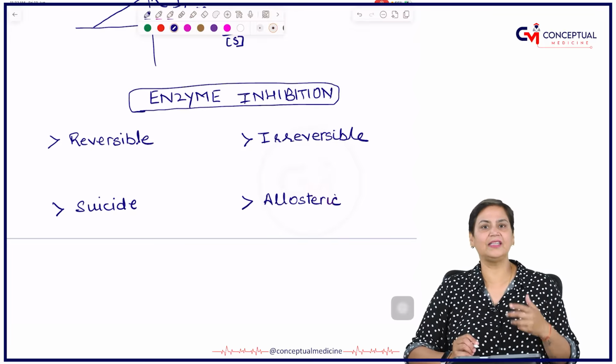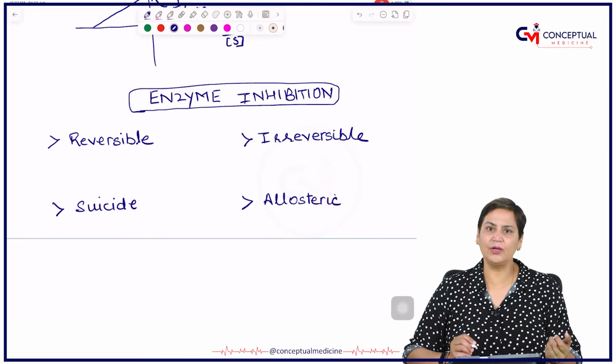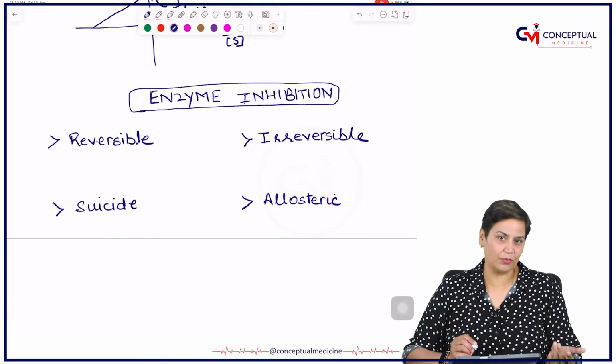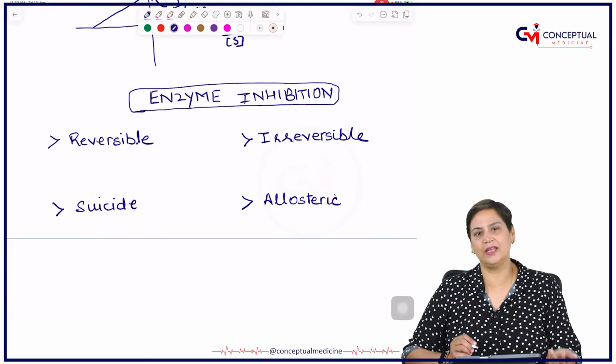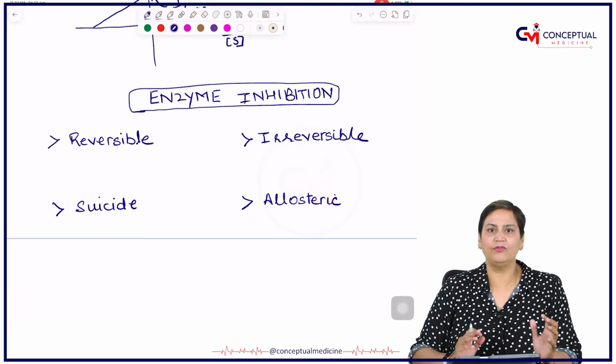If we see the definition of allosteric enzymes, they inhibit also in a way they are modulating. So we can use the term allosteric modulation or allosteric inhibition. So these are the four major types of inhibition.